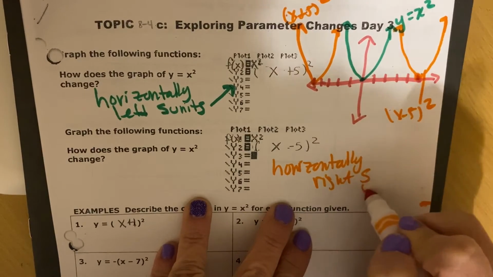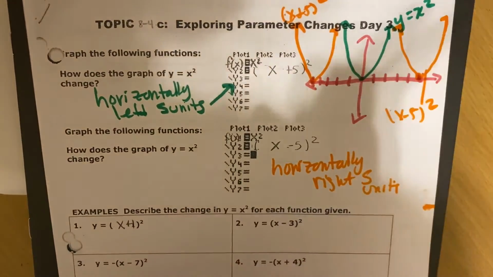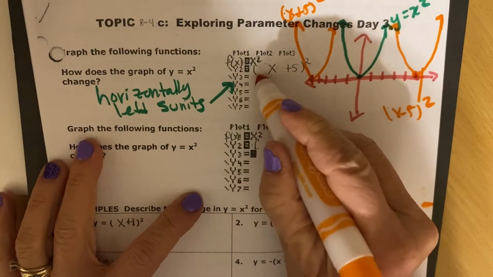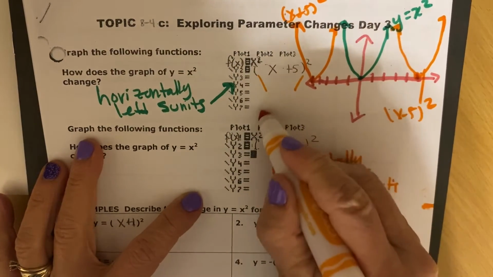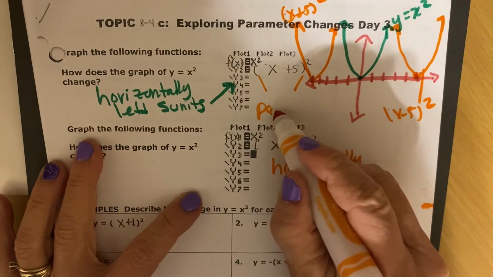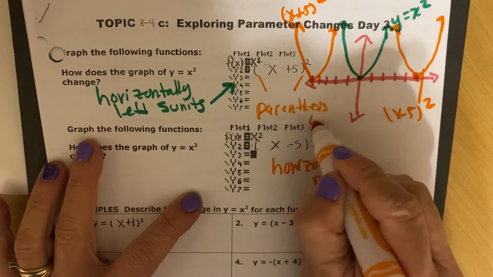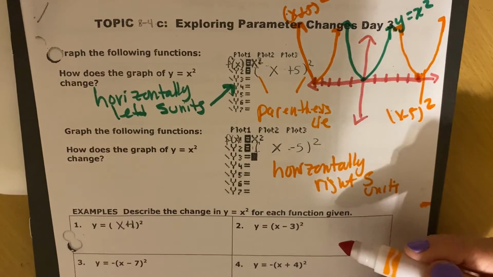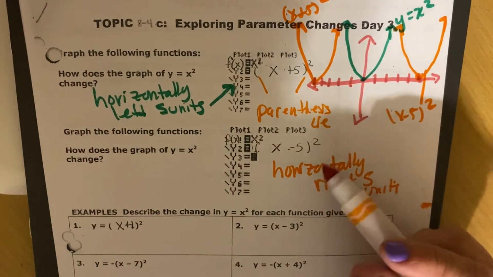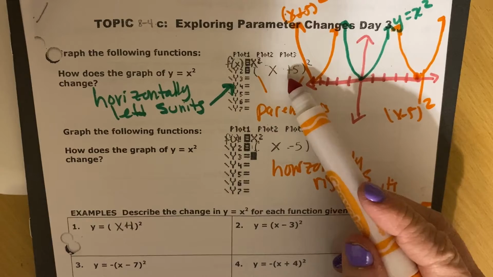right 5 units. And we know that these parentheses lie is a way that we remember that. It all has to do with the vertex form, where we have to have everything in the form x minus something.